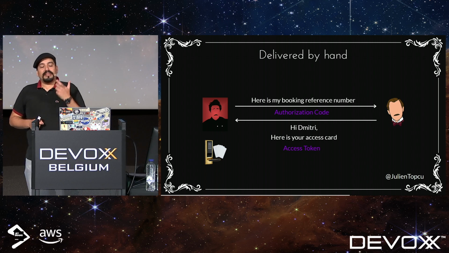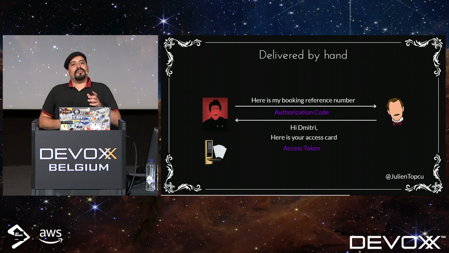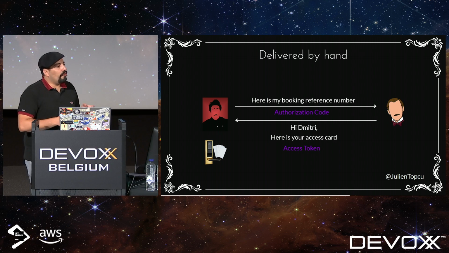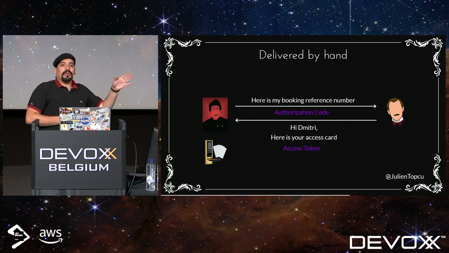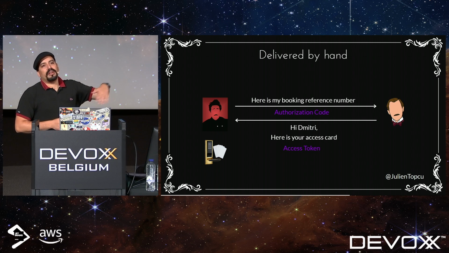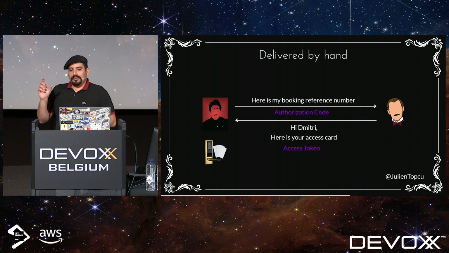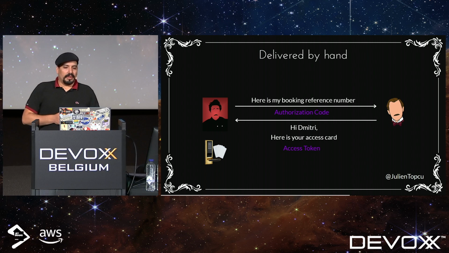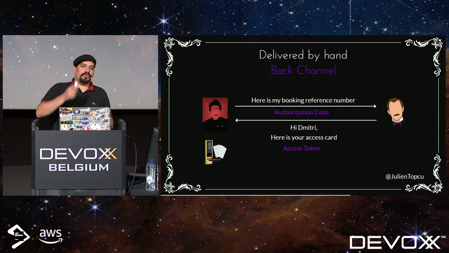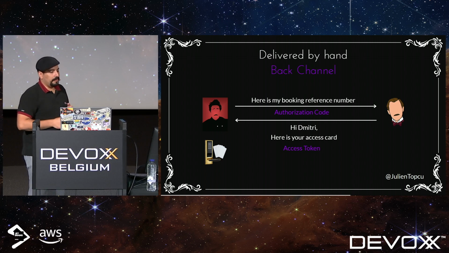The access token also has its own lifetime. It's to avoid the squatters problem, so that someone cannot just reuse that after the time we were expecting. So like I said, this is the back channel. So the access token, we are sure to be delivered to the right person that way.